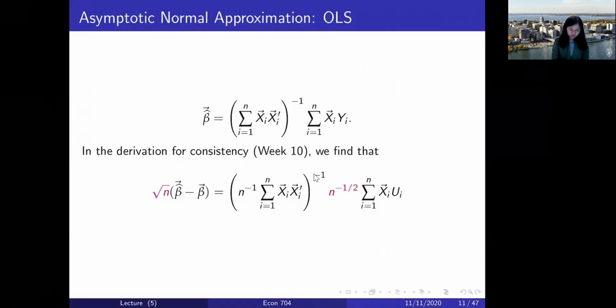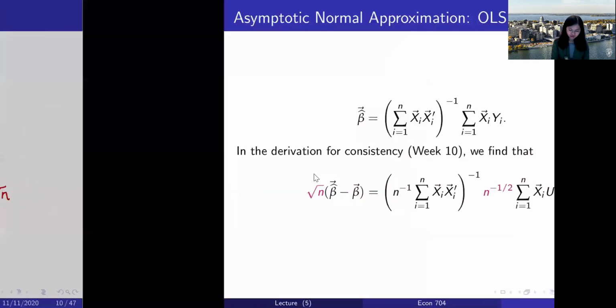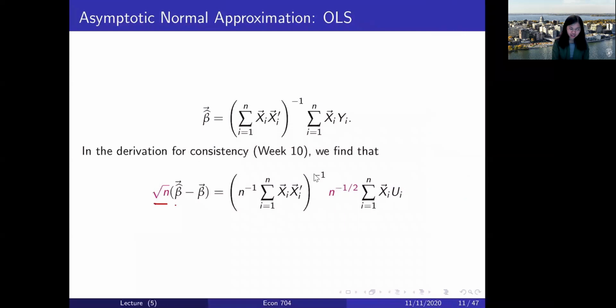Now, with this equation, what we are going to do next is multiply square root n to both sides. So we obtain root n times this difference equals this matrix inverse times the sample average of xu times root n.